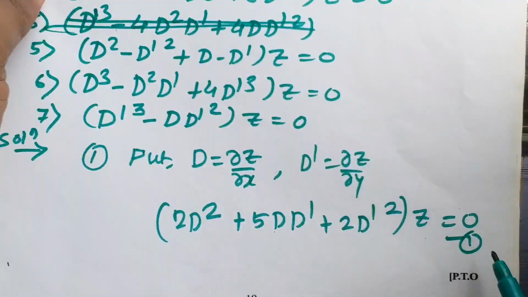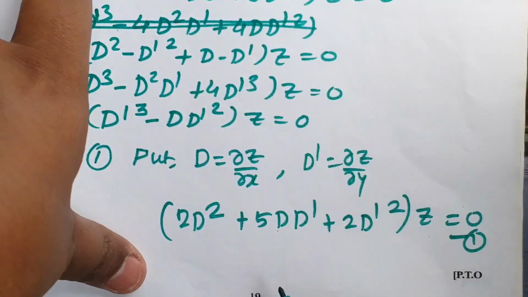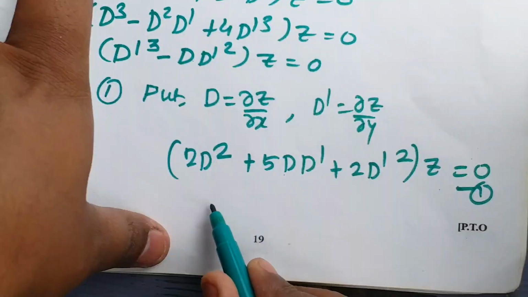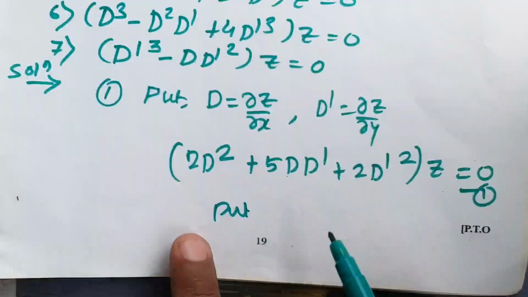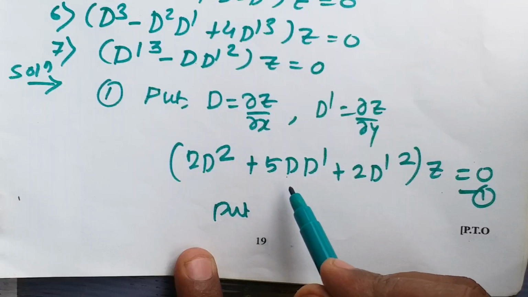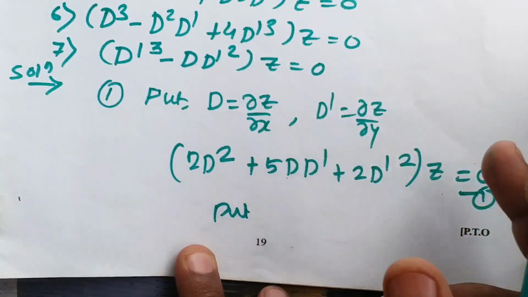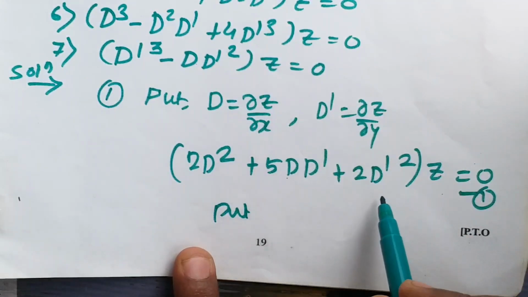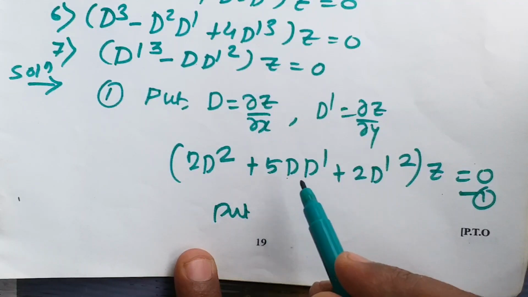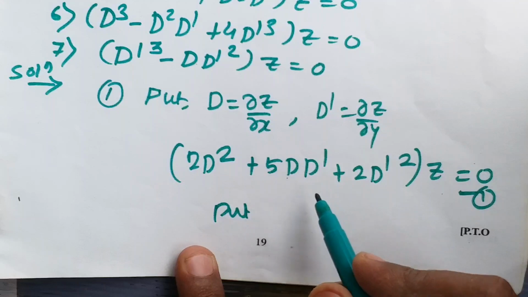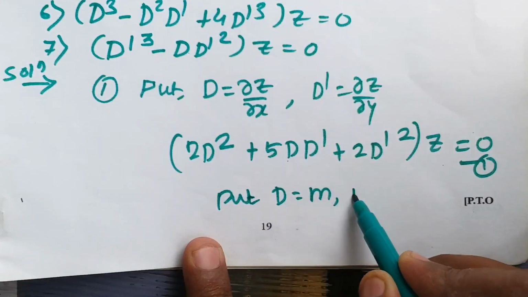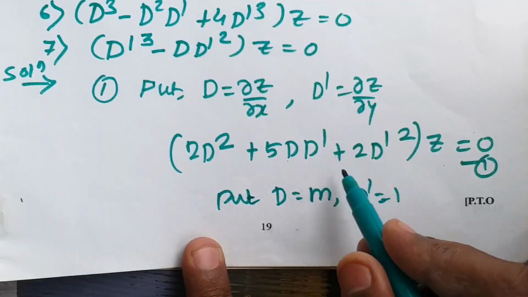The next step is to calculate its auxiliary equation. First we check whether there is a common factor D or D dash. According to that, two subcases we have discussed. We cannot take D common or D dash common here, meaning there is no factor D or D dash in this equation. So directly you can put D equal to m and D dash equal to 1 in the above equation.